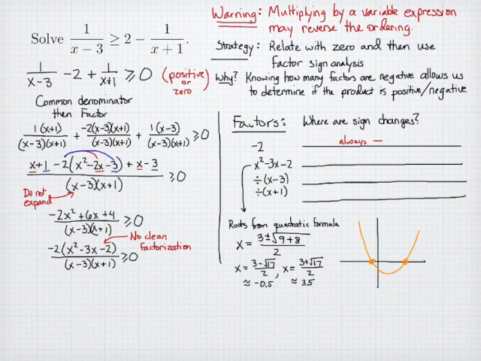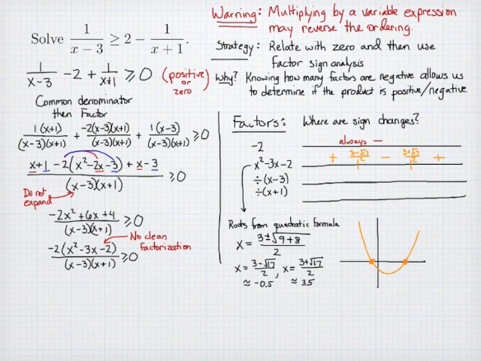So I have two roots, one of which is here at 3 minus root 17 over 2, and the other is at 3 plus root 17 over 2. And from our graph of the parabola, we know that it's above the axis when I'm outside of the roots, and it's below the axis when it's in between.